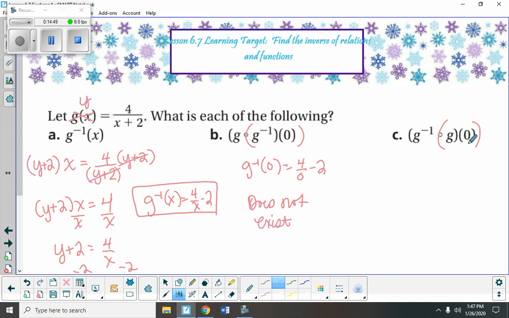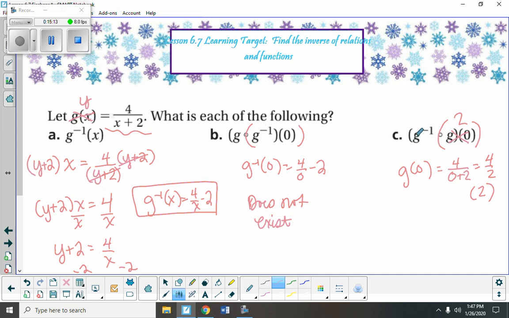Let's try the next one. Here we're going to start with finding the value of the g function when x is 0. The g function is the top function right here. So it would be 4 over 0 plus 2, which would be 4 over 2, and that is 2. So the g function's value when x is 0 is 2.